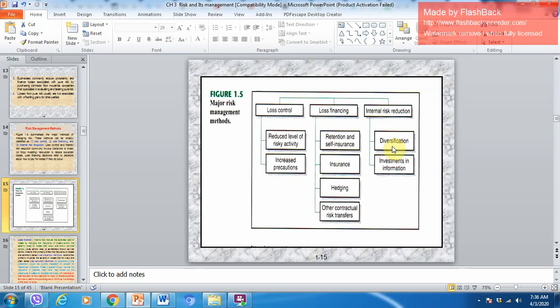The second major method of reducing risk internally is to invest in information to obtain a superior forecast of expected loss. Investing in information can produce more accurate estimates or forecasts of future cash flow. For example, if any person is going to open a new business or launch a new product, it will be more beneficial for him to gather information before starting.